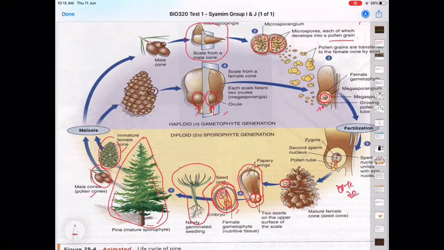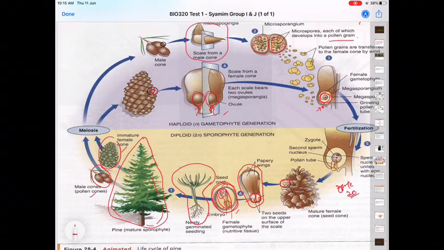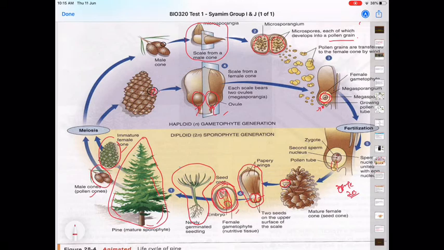And each scale of the cone contains the sporocytes for each male and female. Jadi setiap daripada scale ni ada dia punya seed kat situ. You kena tahu dalam female dia ada 2 ovule. So pollination will happen twice at the same time. Dia akan berlaku serentak 2. Okay, so this one boleh tengok sendirilah.